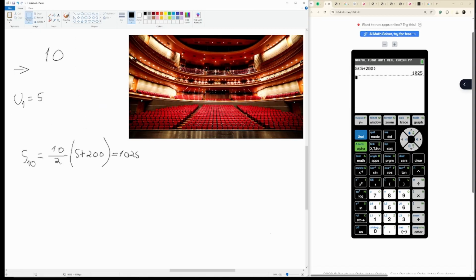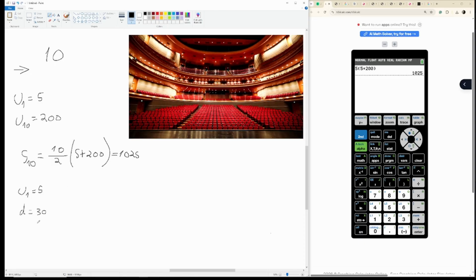However, let's say it's not given that in the 10th minute there are 200 people. Then we have to resort to something else. Let's say that still the first minute 5 people came in, but each minute 30 more people came in.